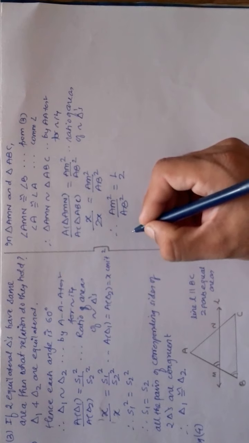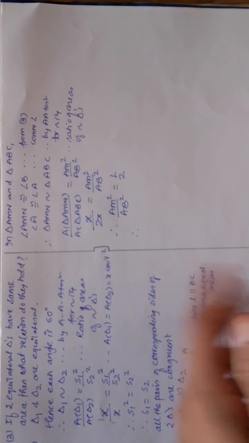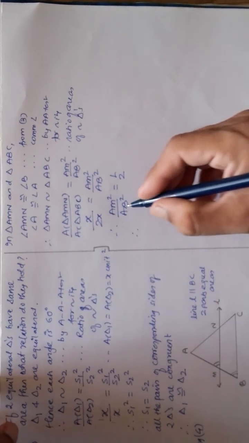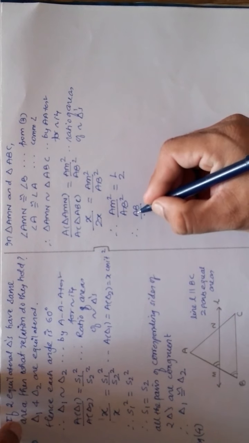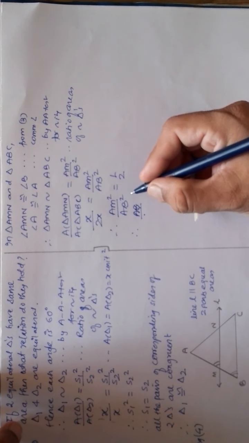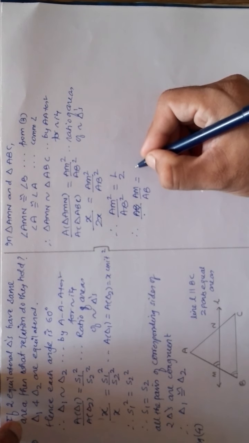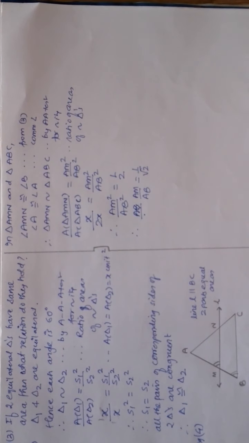Now take the square root, and if you remember, the ratio is always non-negative, so I will not take the negative sign over here. So AM is to AB is 1 to root 2.